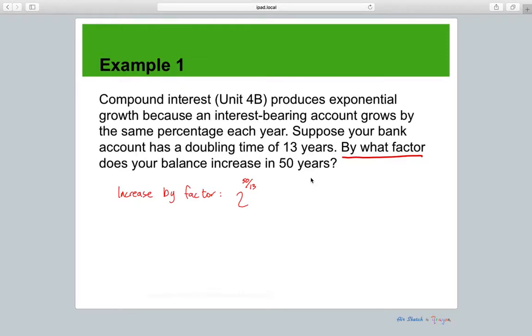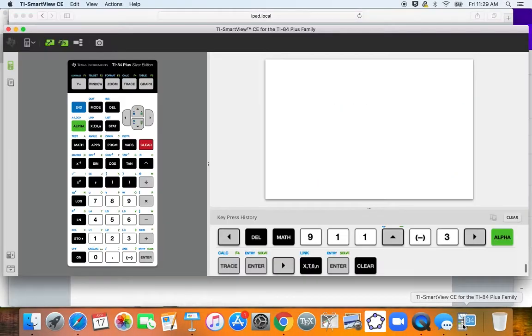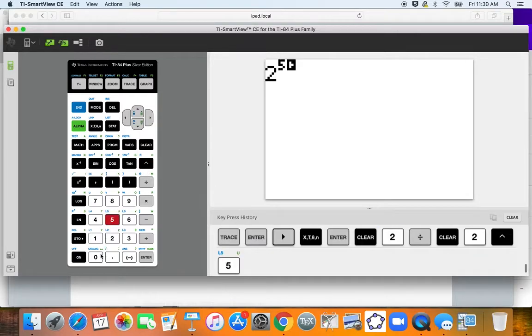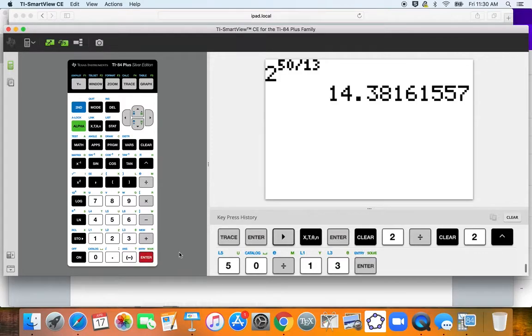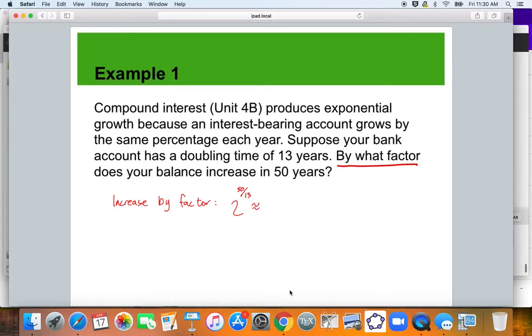All right. So we'll go to the calculator. 2 to the 50 over 13. So it'll increase by a factor of about 14.38.